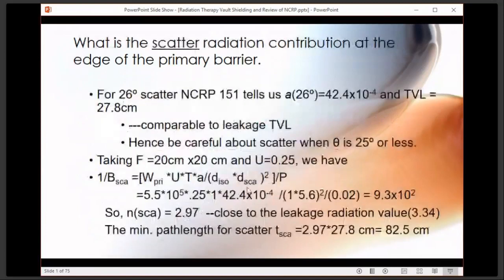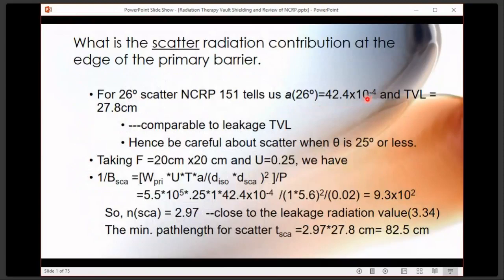Scatter. All right, now here's where it gets interesting to me. When you look for the scatter data at 26 degrees and interpolate the table there, you find that the scatter fraction is actually 42.4 times 10 to the minus 4.